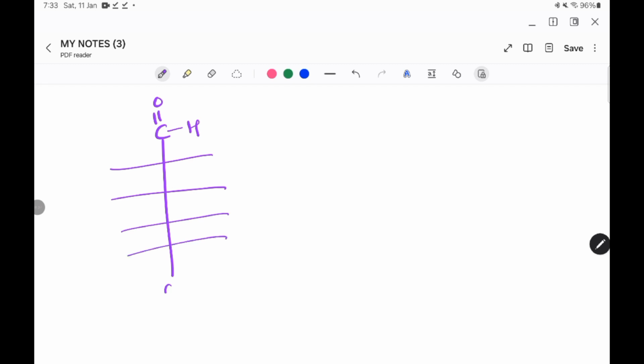Drawing the structure of glucose as we had discussed in the morning, HOH, HOH, HOH and HOH again.